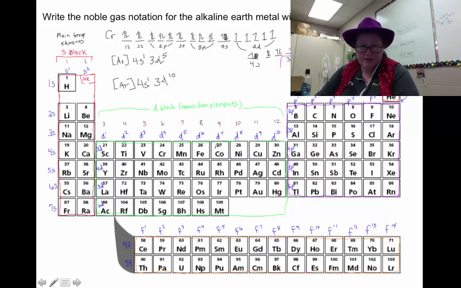So I tricked students in class and I told them to write the configuration for element number 24 or 29. It was either chromium or copper. And I had these exceptions written on the board at the time. Some students figured out that I was trying to trick them. But many did this configuration with a 4s2 3d4.